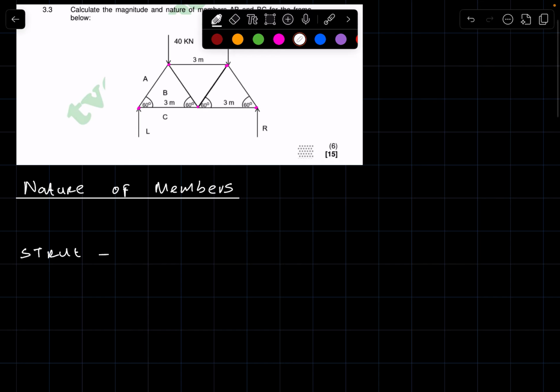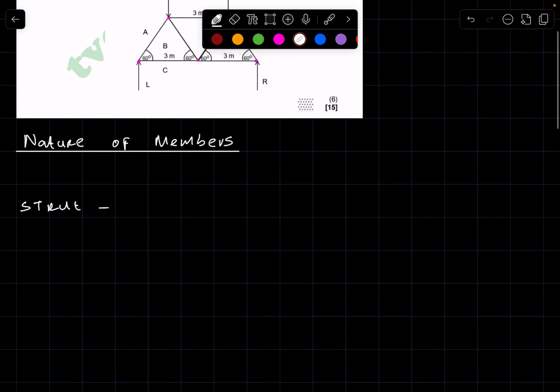Now, the nature of a member that we call a strut is a force, let's say, that resists compressive forces.